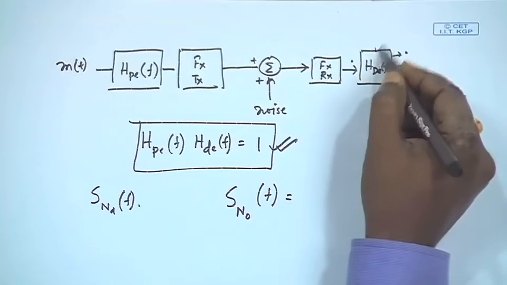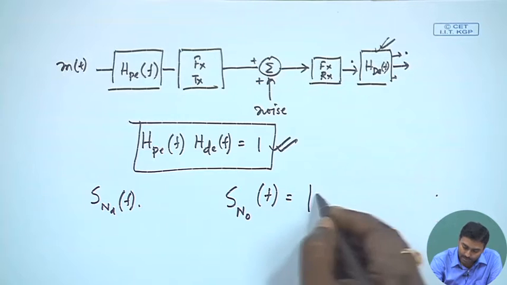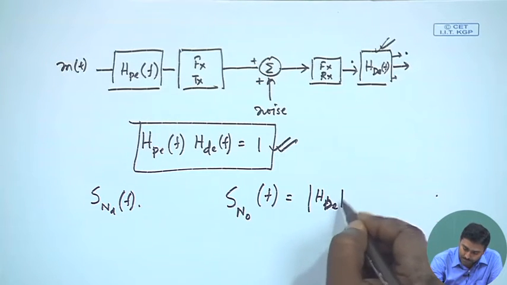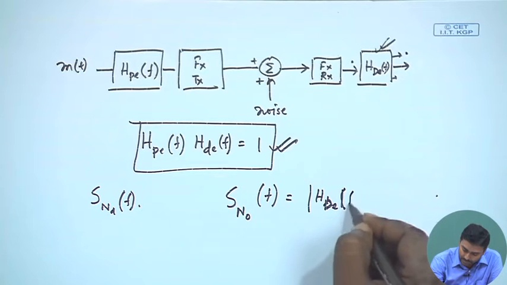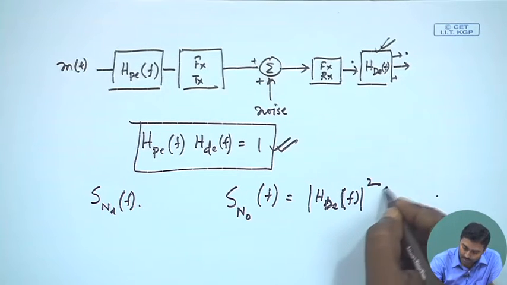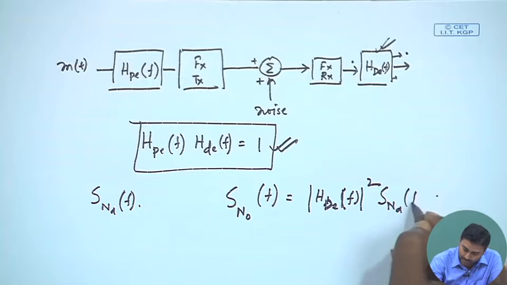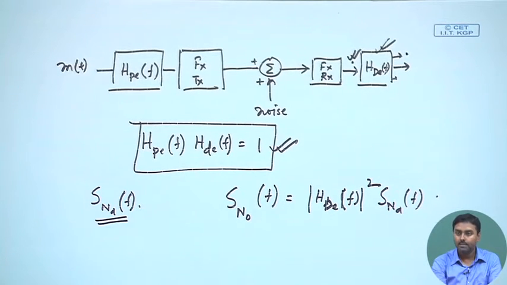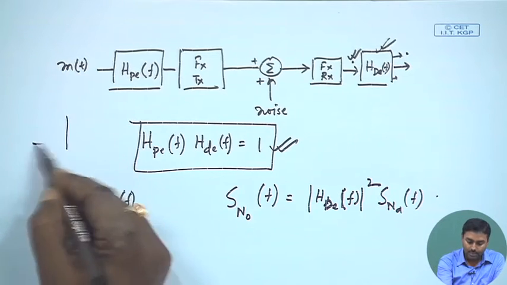This must be |H_de(f)|^2 times S_nd(f), which was the noise power spectral density over here. This is the part which we have already derived, that looks like this.